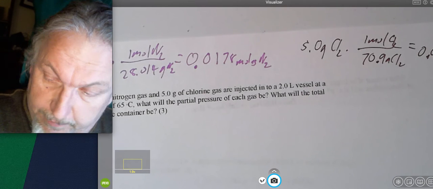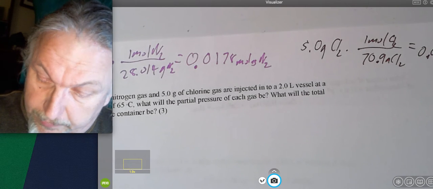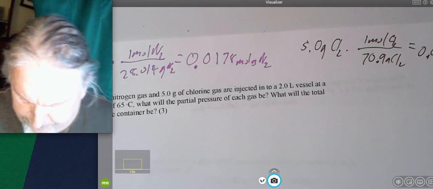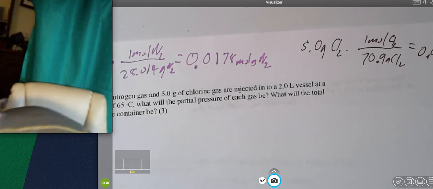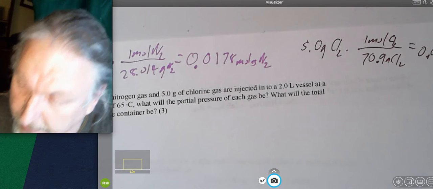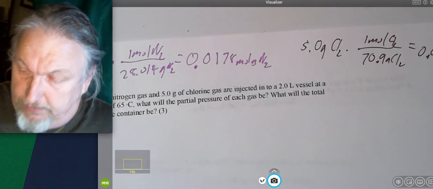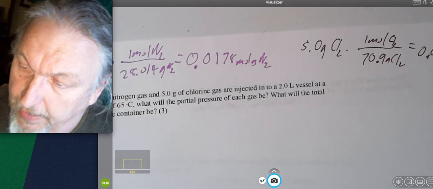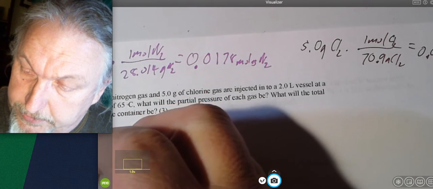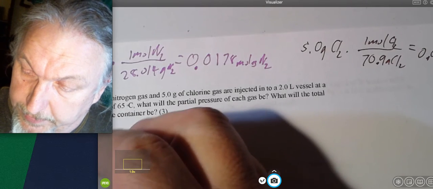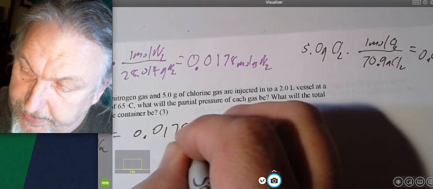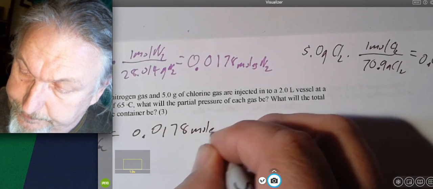So now we've got moles of both. Let me pick that up. Drop my pen. It's been that type of day, guys. So I've got moles of both nitrogen and chlorine, and I've got my volume. So for N2, it's 0.178 moles.